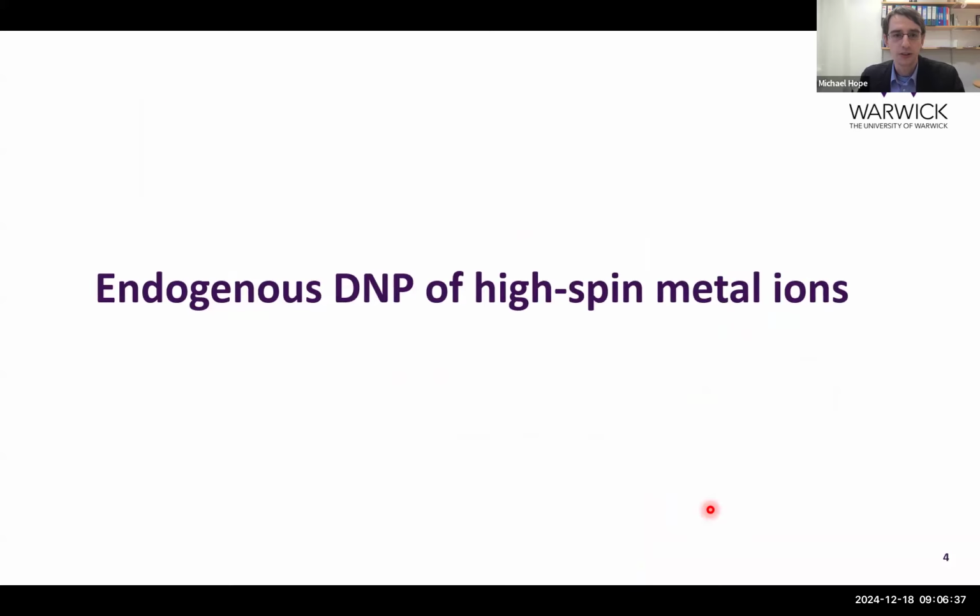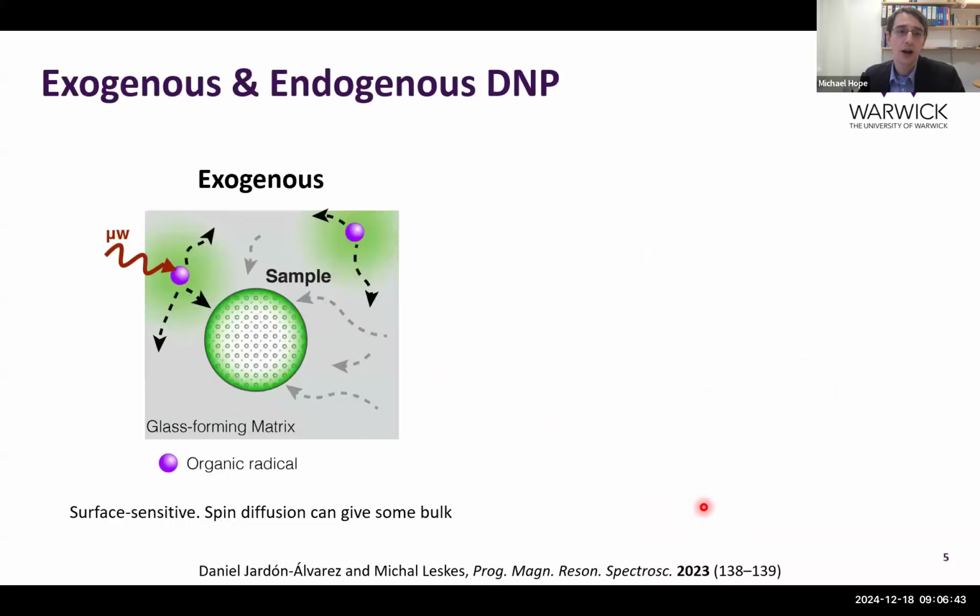If we start off with the high-spin metal ions, the first question is really, what do I mean by endogenous? The way DNP is typically done is we add our source of unpaired electrons, typically an organic radical dissolved in a glass-forming matrix, that we then use to wet our solid sample of interest, represented here.